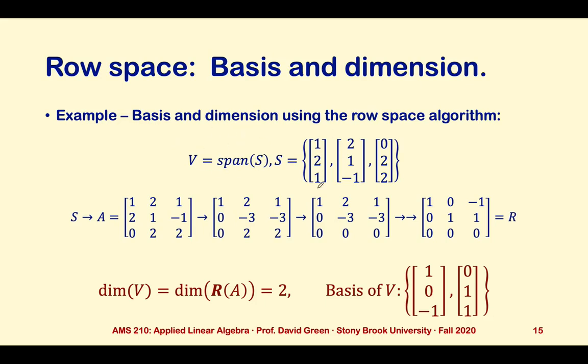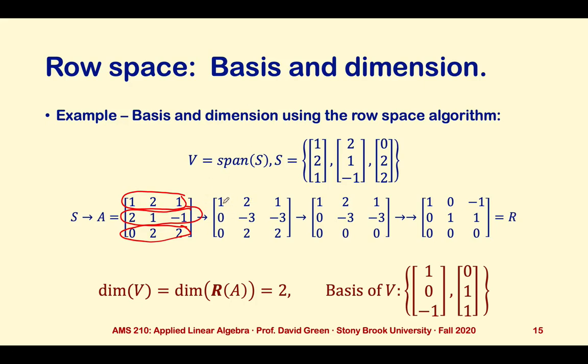We take these vectors and we arrange them as rows. Important, we're using the row space algorithm. It doesn't matter how our original vectors are oriented. We need to place them in rows. So 1, 2, 1; 2, 1, minus 1; and 0, 2, 2. And then, again, carry through elimination.